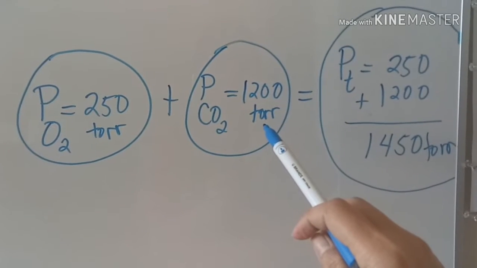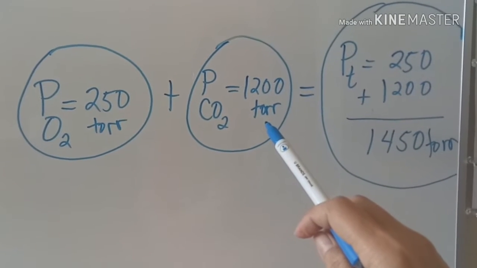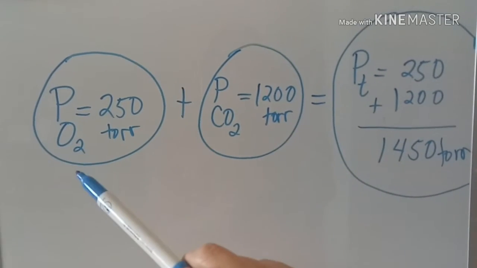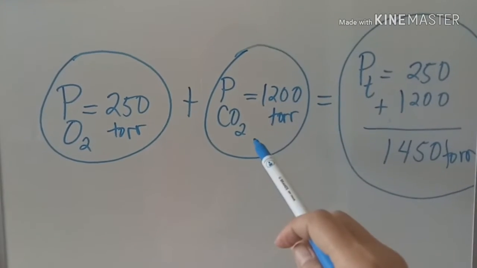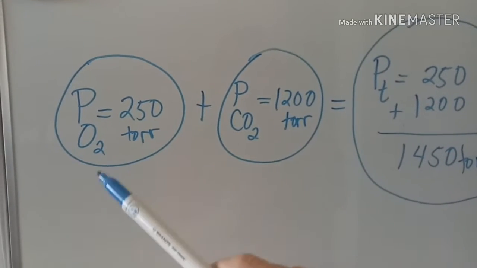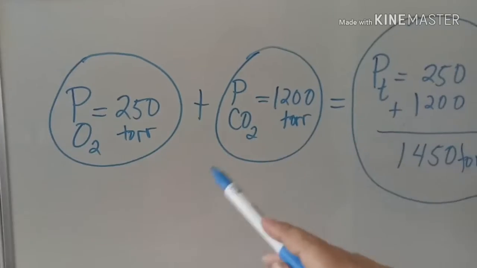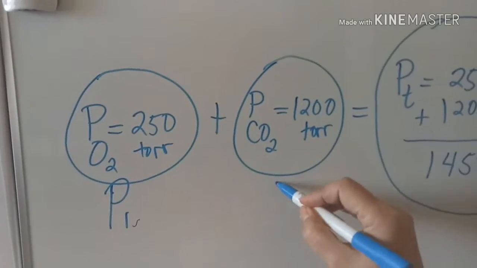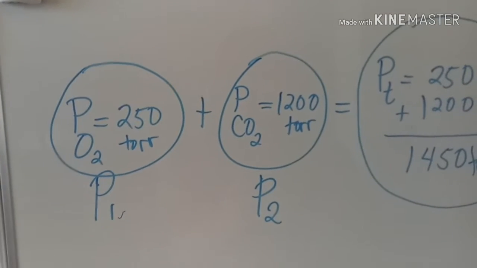Applying the formula, how many individual pressures do we have? We have pressure for oxygen and pressure for carbon dioxide. So we have two pressures, P1 and P2. P1 will be the pressure of oxygen, and P2 will be the pressure of carbon dioxide.